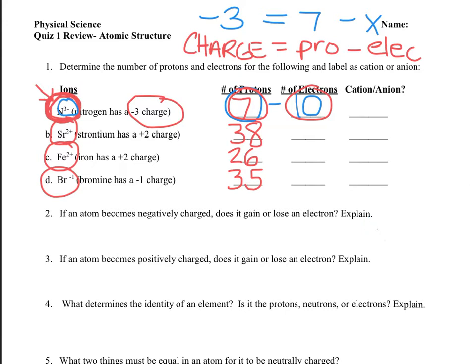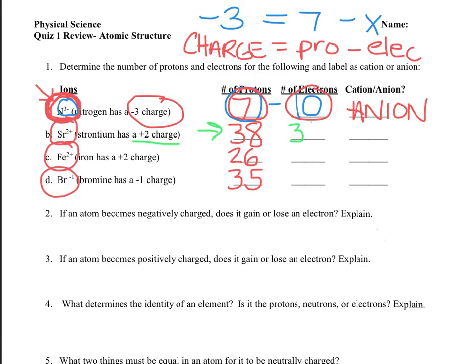So let's figure out the rest of this then. If it is a -3 charge, we know negative charged ions are called anions. So this would be an anion. Now that we figured that out, let's go on to strontium. Strontium we know has 38 protons, but it has a +2 charge. So that means 38 minus what would give us a +2 charge overall, because the charge equals the protons minus electrons.